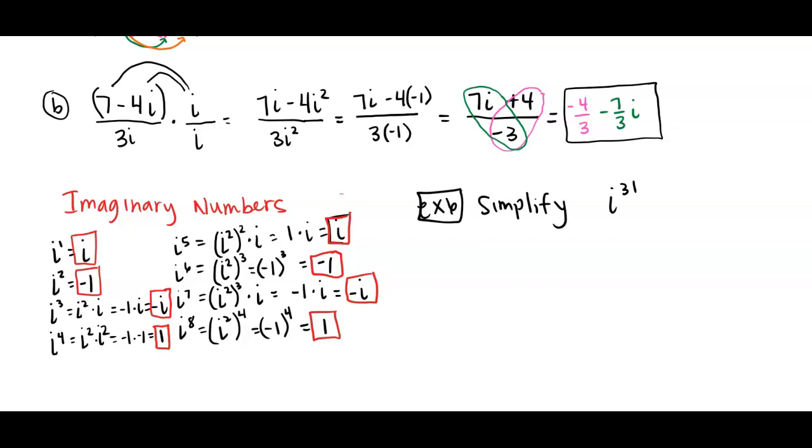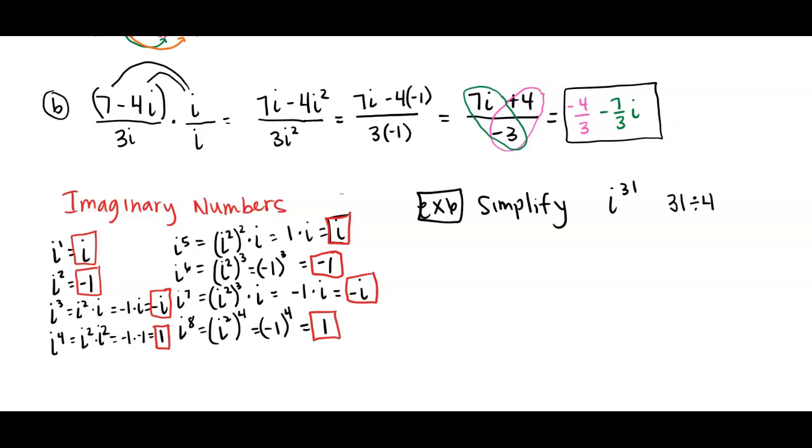Okay. So like I said, we could keep doing the same thing we were doing here, but there's a shortcut way that a lot of people like to take. Notice we said there are 4 possible answers here. So we could take this 31 and divide it by 4. It doesn't matter how many times it divides in, but the remainder that's left is going to tell us which one of these 4 it is.